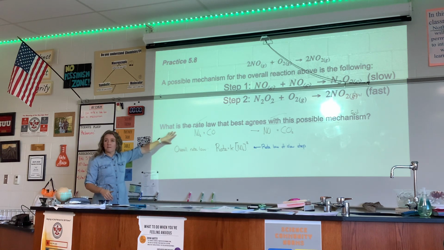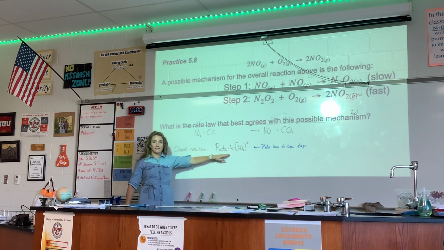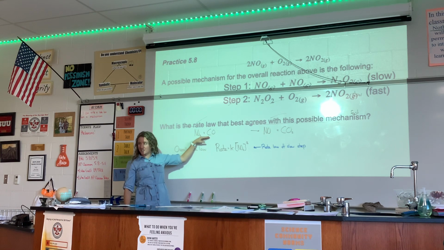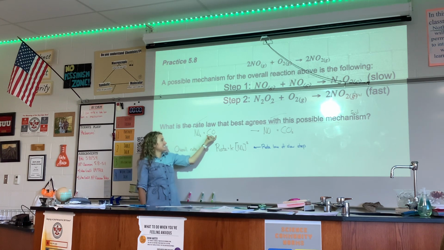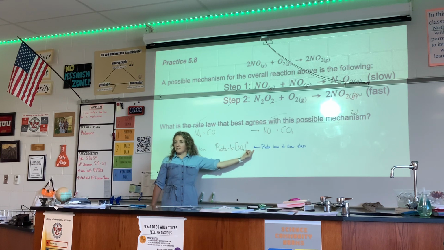Okay, from our problem before, I want you to emphasize this. This was our overall rate law. Does this match the overall equation? No, because from overall equations you can't write rate laws, because it doesn't show you what really influences the reaction. In a sense, CO is a reactant, but it's not here, so what does that mean about CO?